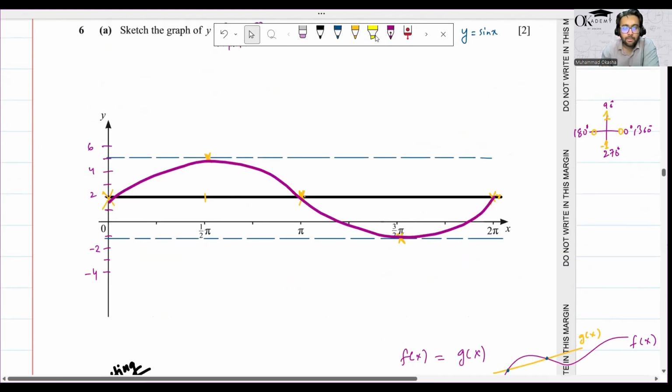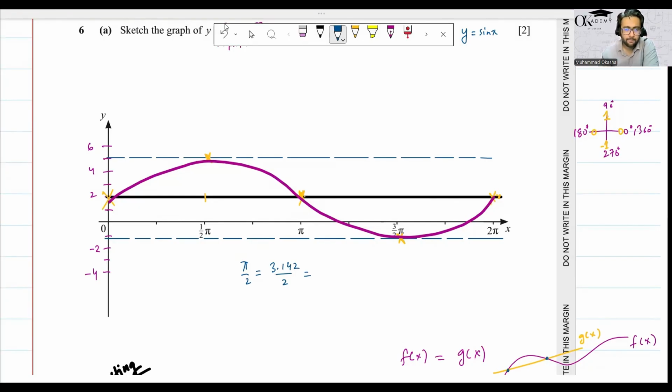So what will be the y value when x is pi by 2? We know that pi is 3.141, let's say 3.142, divided by 2. What is it going to be?